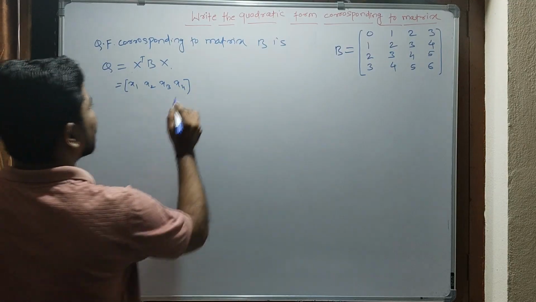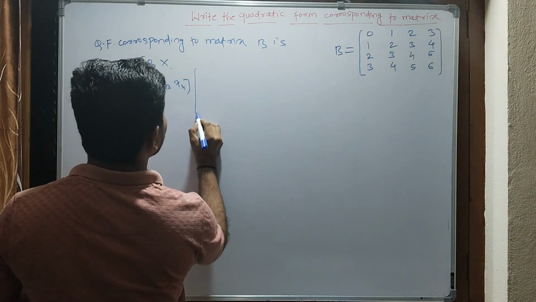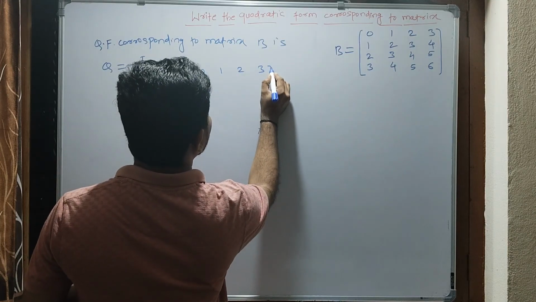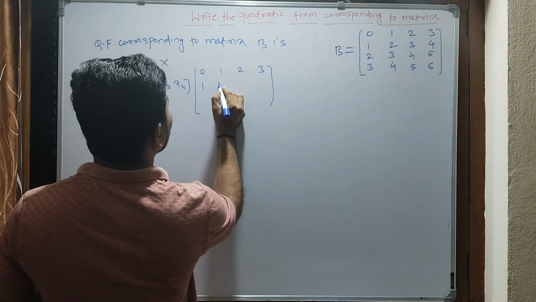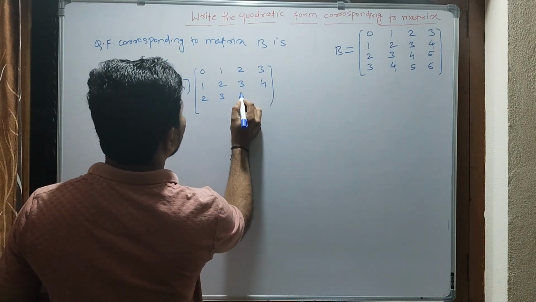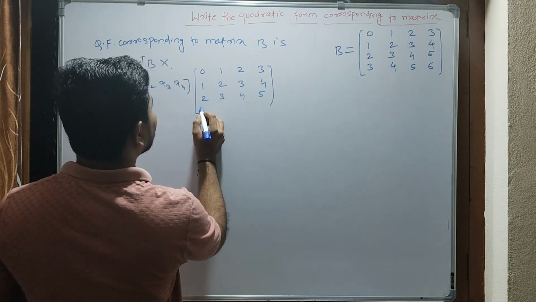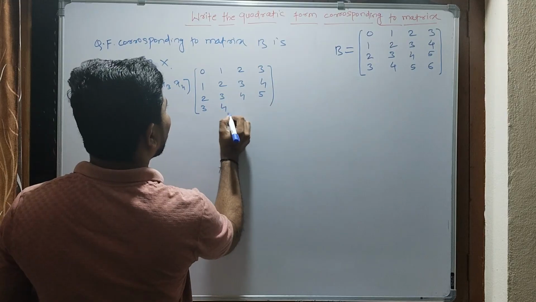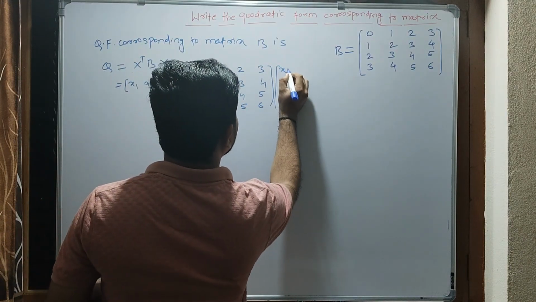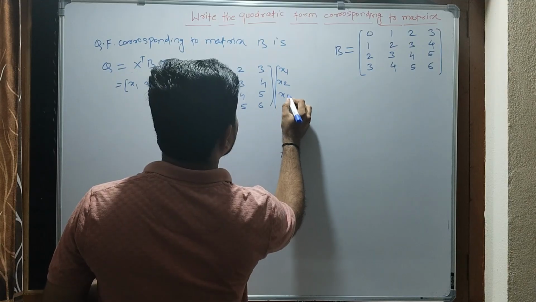1 row 4 column. Now write this B matrix which is given here: 0, 1, 2, 3; 1, 2, 3, 4; 2, 3, 4, 5; 3, 4, 5 and 6. Now take x equal to the column x1, x2, x3 and x4.